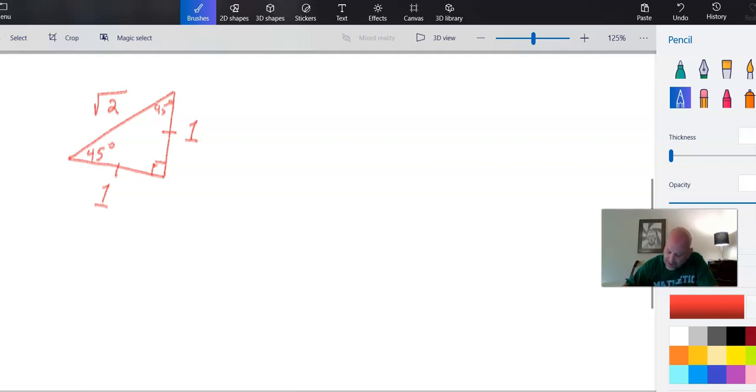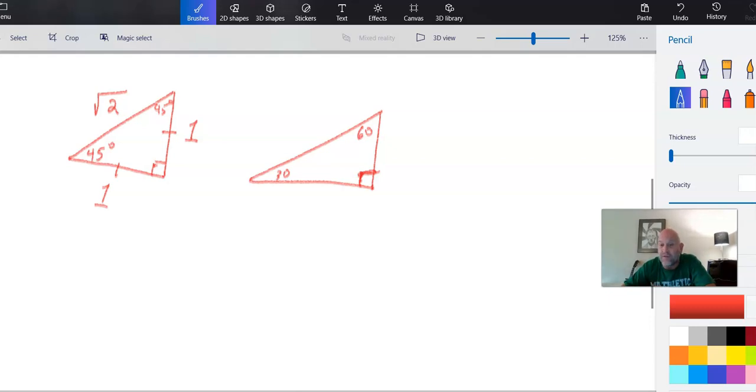And the other one that shows up a lot is something called a 30, 60, 90 triangle, which is 30 degrees, 60 degrees, and 90 degrees. Well, I'll just draw this, right? So this is my 30, 60, 90.